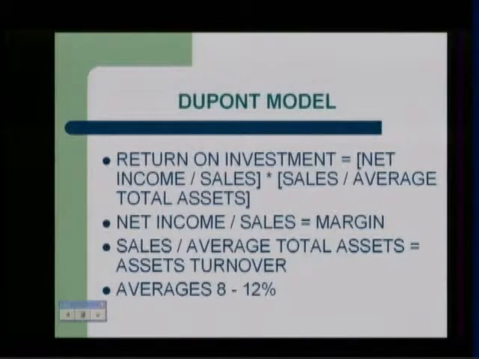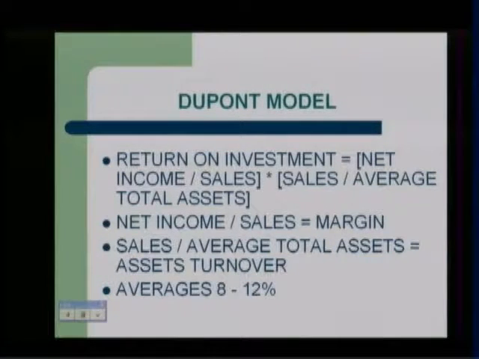Now when we do the DuPont model, we're going to split it up. We're going to take the net income and put it over sales, and we're going to multiply that by sales over average total assets. Now if you look at the slide there, you'll see that you've got two things multiplied by each other, and those are two ratios, net income over sales times sales over average total assets.